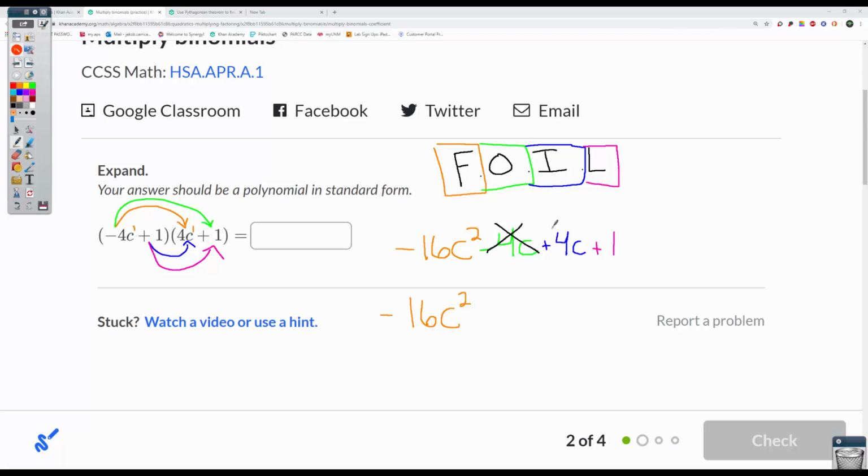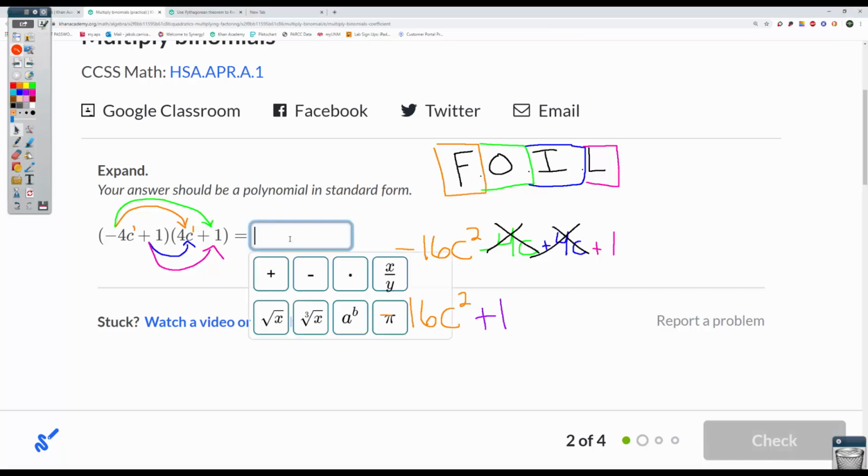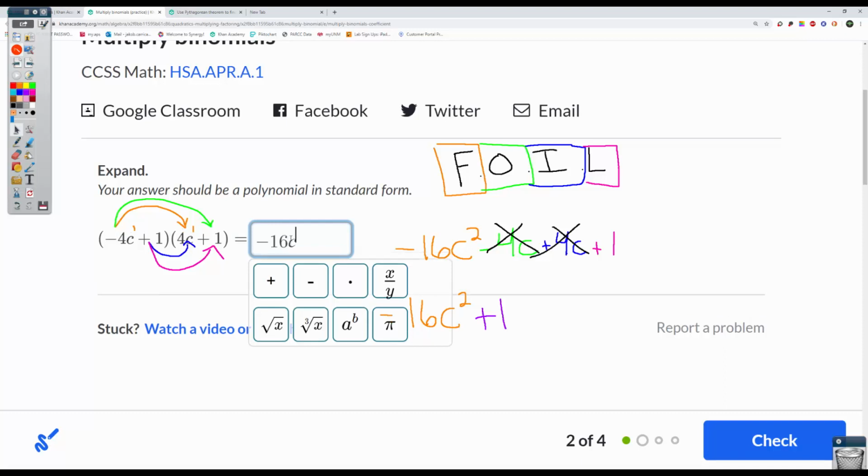So both of these end up canceling out, and we add our constant onto the end, and that's our answer. Let me make sure, actually, that this is correct. We'll go ahead and type it in. So negative 16c to the power of 2 plus 1.